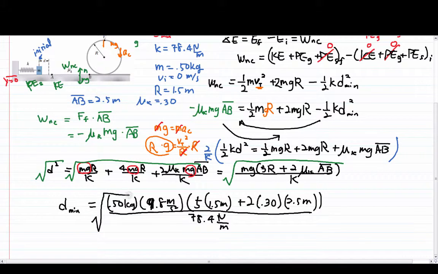Don't forget the radical sign above it. Okay, when you punch these numbers in your calculator, you're going to get 0.75 meter. And that's our answer.